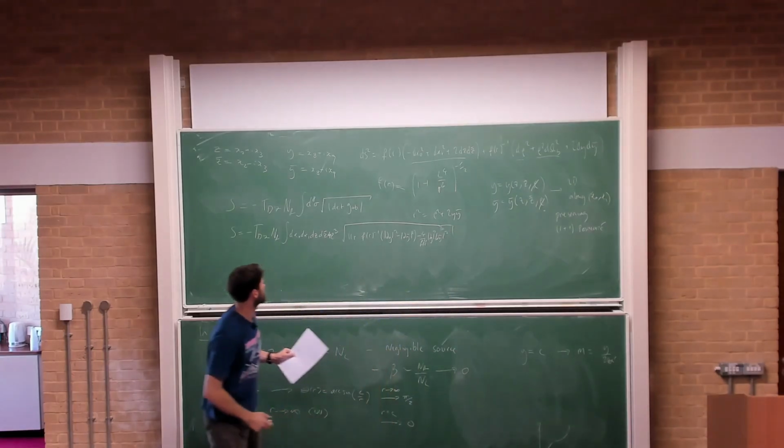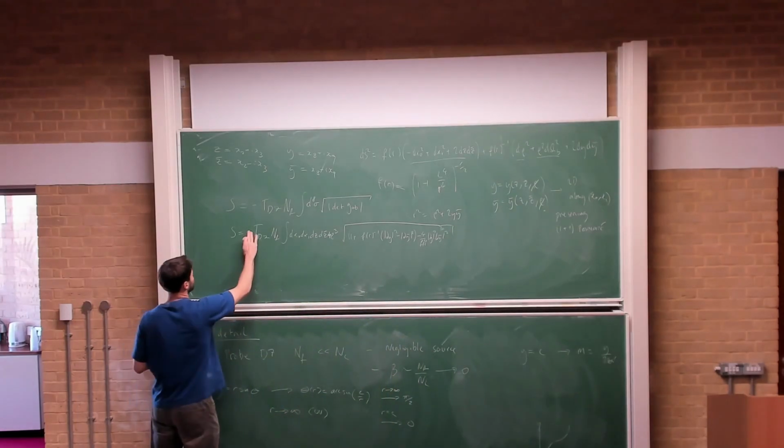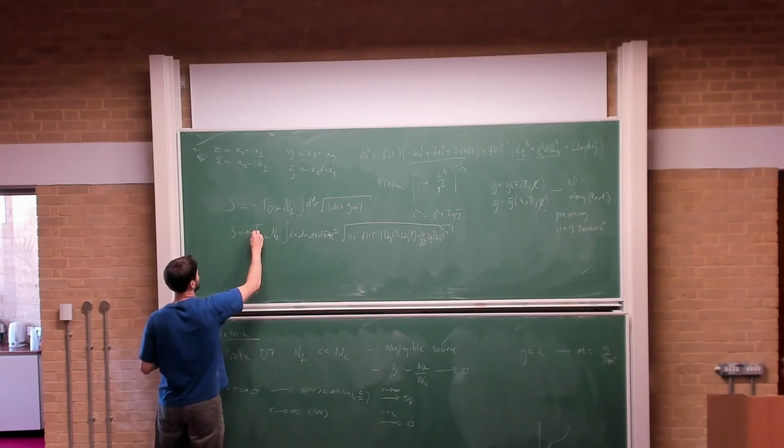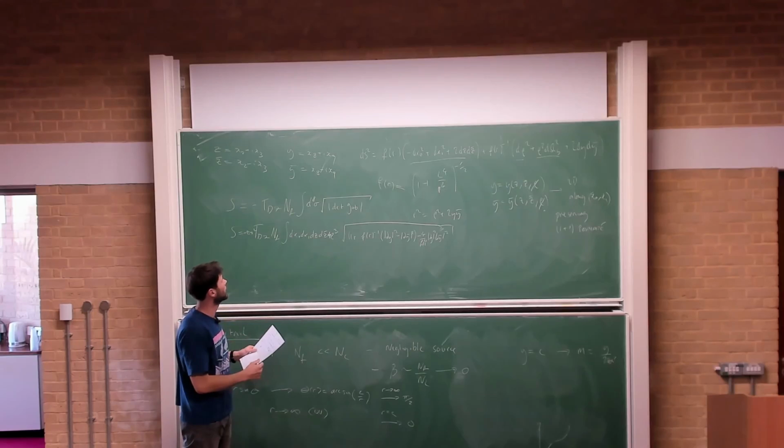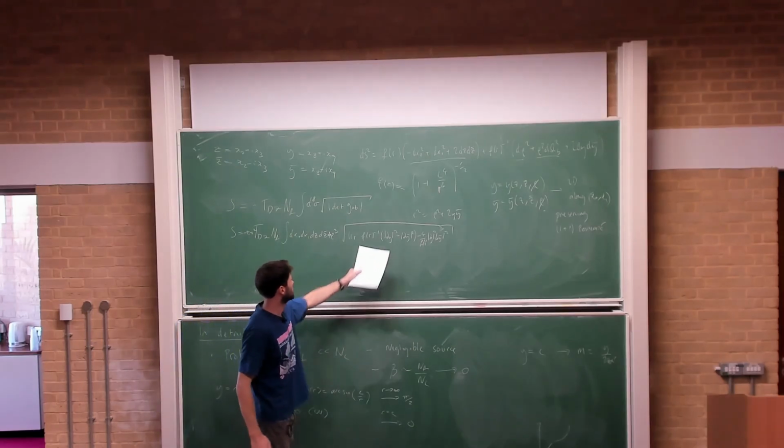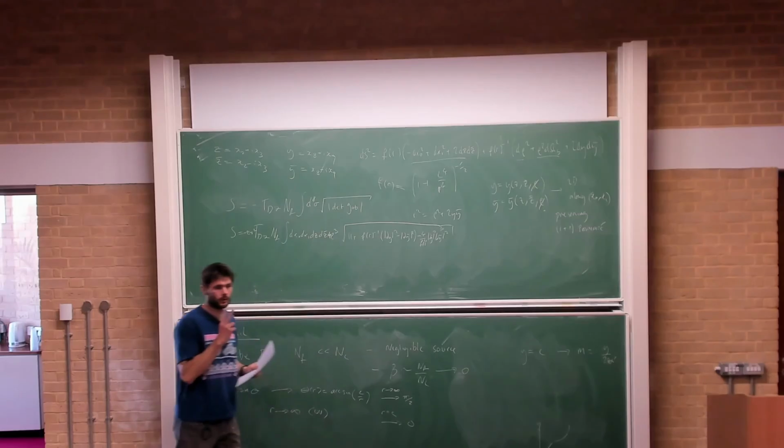So the induced metric explicitly has the following form, where we've integrated over the angular coordinates. Now, crucially, this Lagrangian can be written in two equivalent ways.